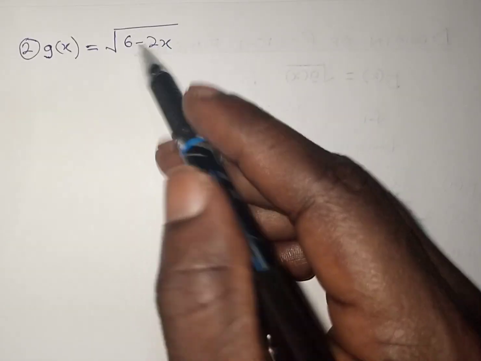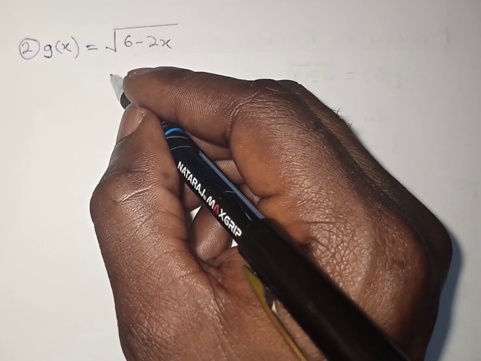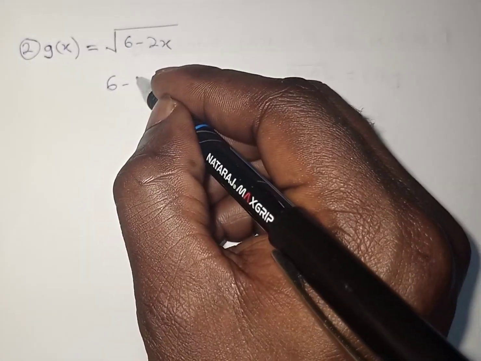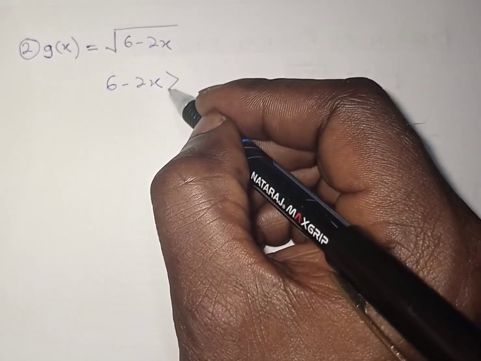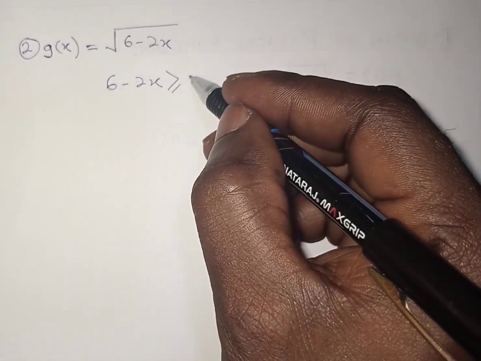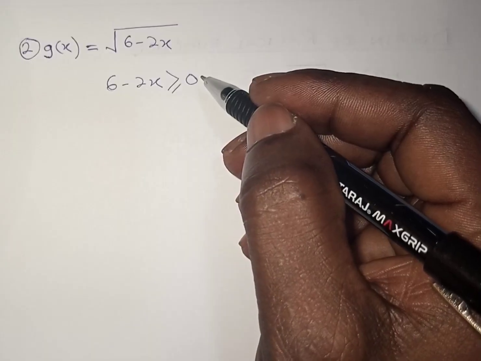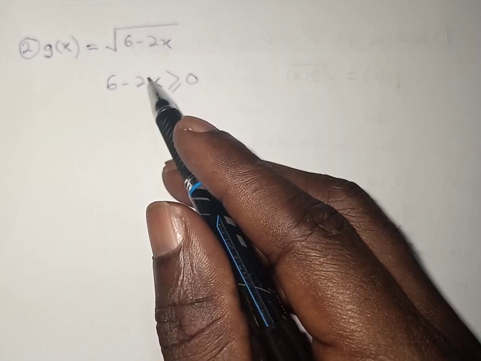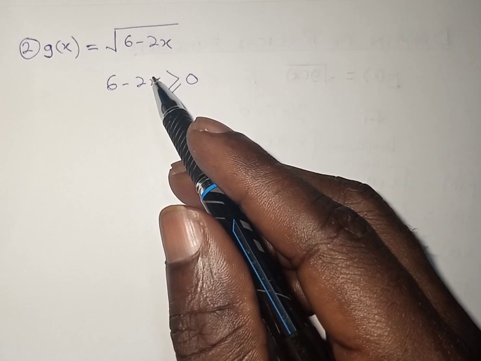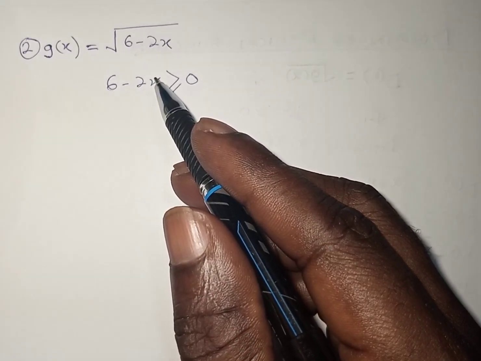If that is the case, then for the domain, we can only say that 6 minus 2x should be greater or equal to 0. For this, then we can make it what? Defined.